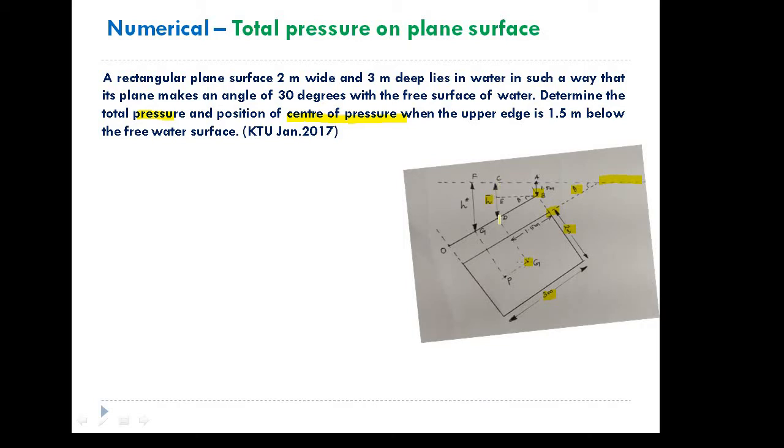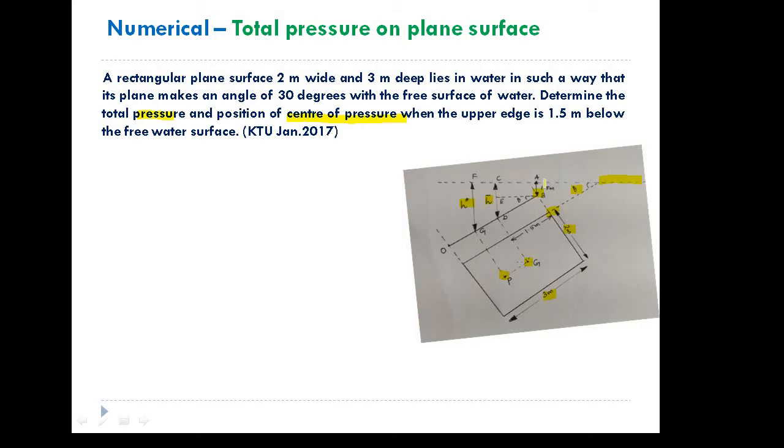So CD represents h bar, and P is the center of pressure that we have to estimate. As we know, the designation used is H star as the vertical distance of the center of pressure from the free surface. So H star as per this figure is Fg. So we have used proper terminologies: H star, H bar, theta, etc.